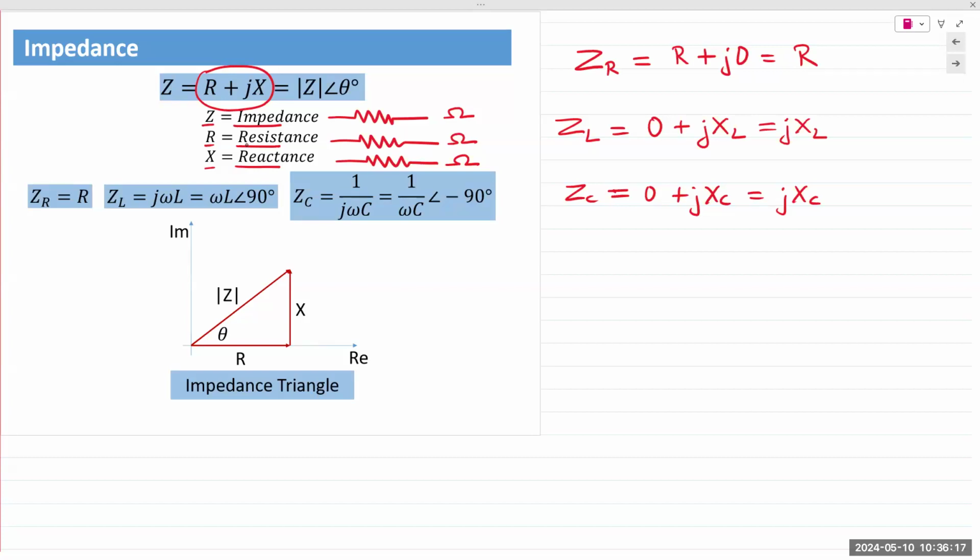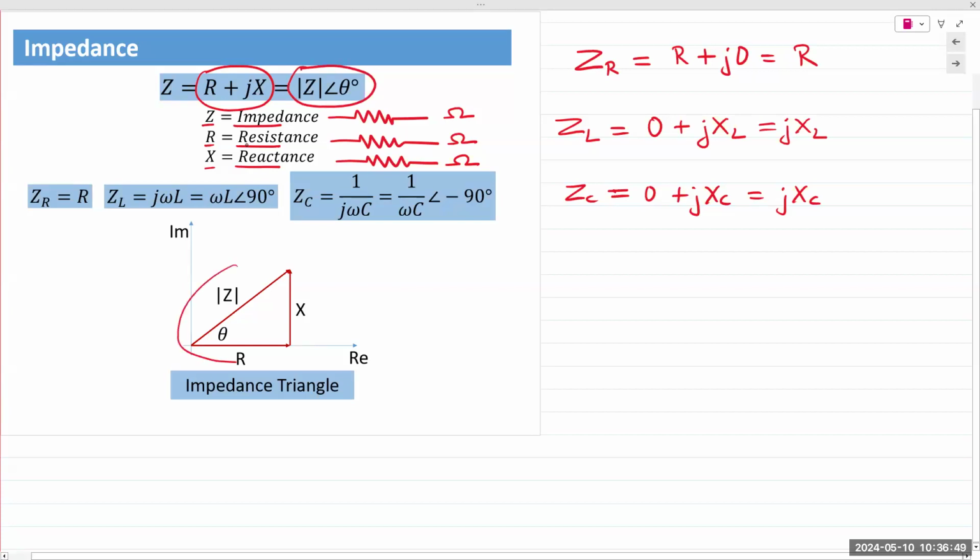Now you have the real and the imaginary values, and if you combine them together, you get a vector. The length of the vector gives you the magnitude of the impedance, and the angle it makes with the real axis gives you the phase. This is not a rotating vector, it's not like a phasor. It's simply a vector in the complex plane. It has length and it has an angle. Magnitude Z, phase angle theta.